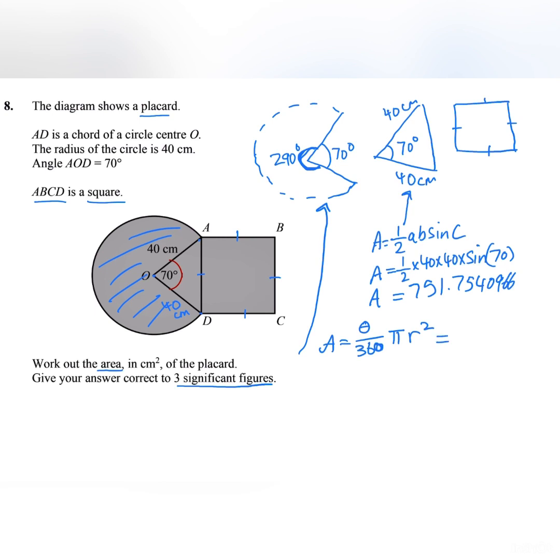So that angle is 290, divided by 360, times pi, times 40 squared, because remember the radius is still 40 centimeters. If we work this out, that gives us 4049.163865. So that's the area of the sector.